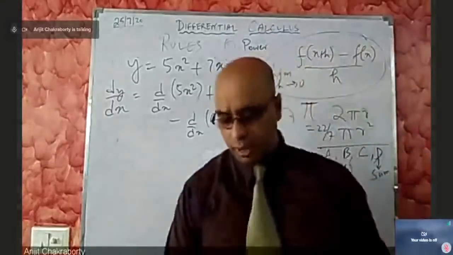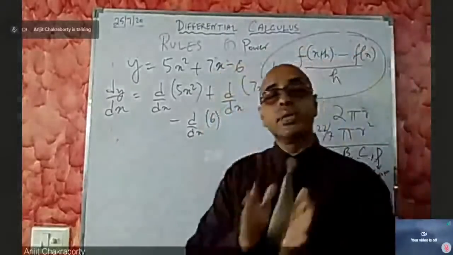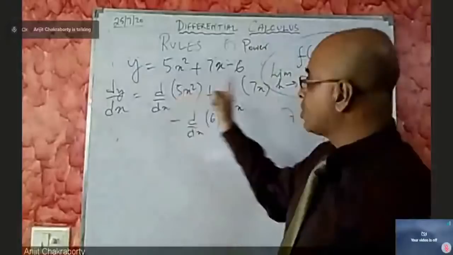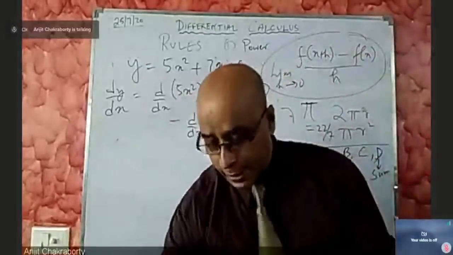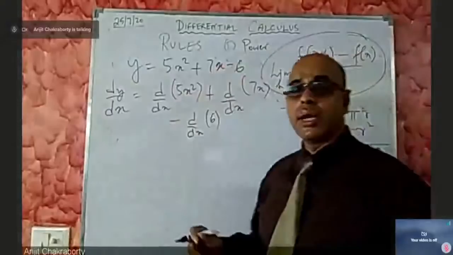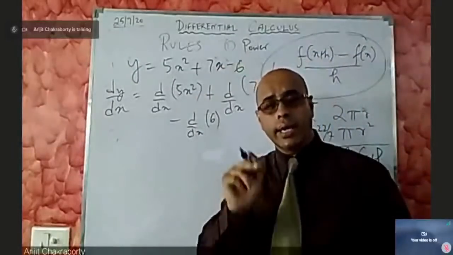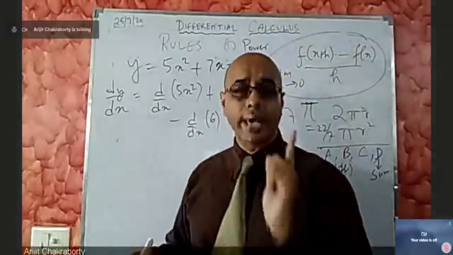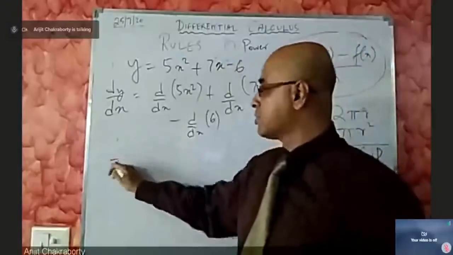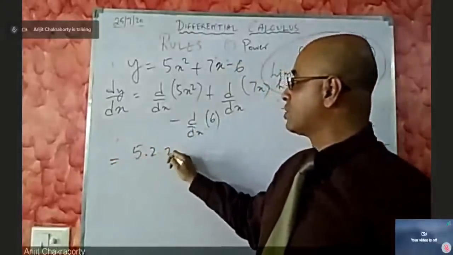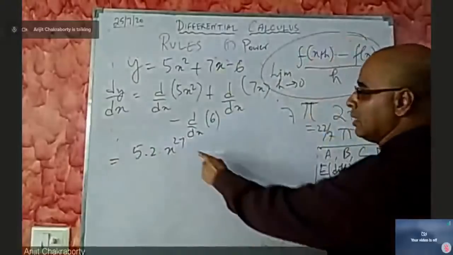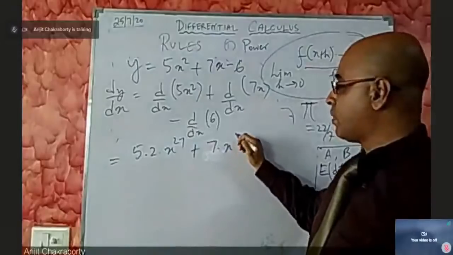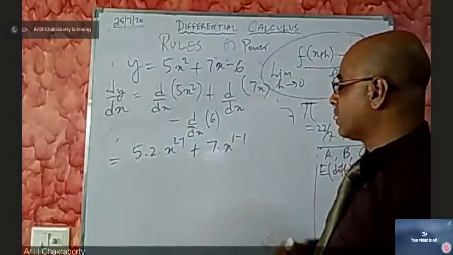So we have broken down the entire expression into three parts and we are finding the differential coefficient of each of them separately. 5x squared is of the form ax to the power n. You know the formula n a x to the power n minus 1. So this becomes 5 into 2 into x to the power 2 minus 1, plus 7 into x to the power 1 minus 1.